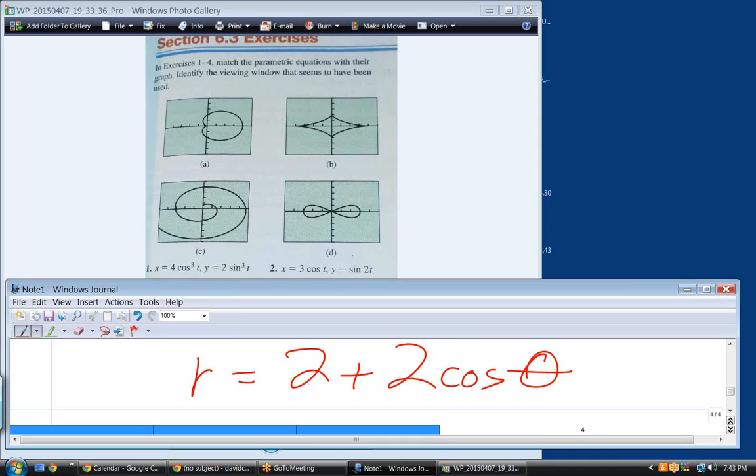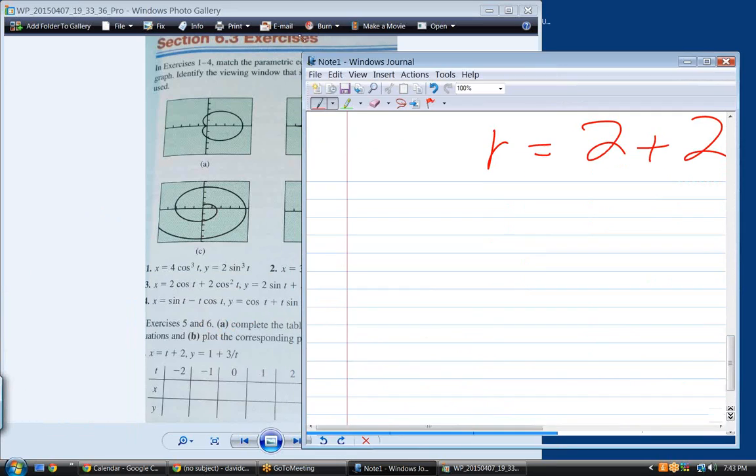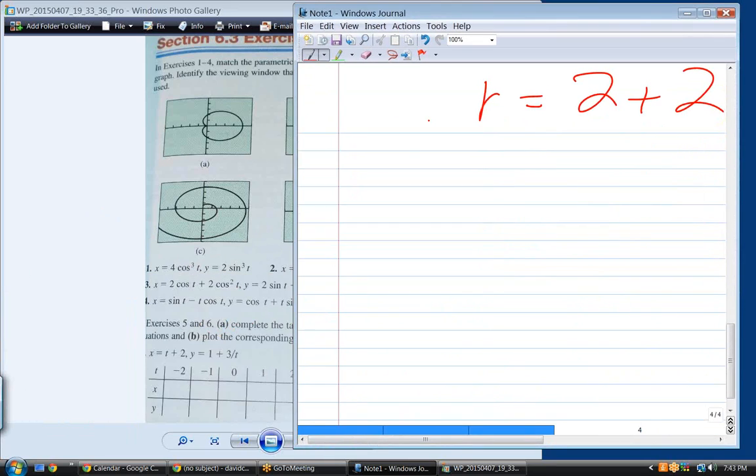Let me make sure I have the right figure. So if we can come up with the polar equation, then we can identify which graph is which. Alright. Well, we can do that, I think. Let's take this first one here and see if we can come up with the polar equation.